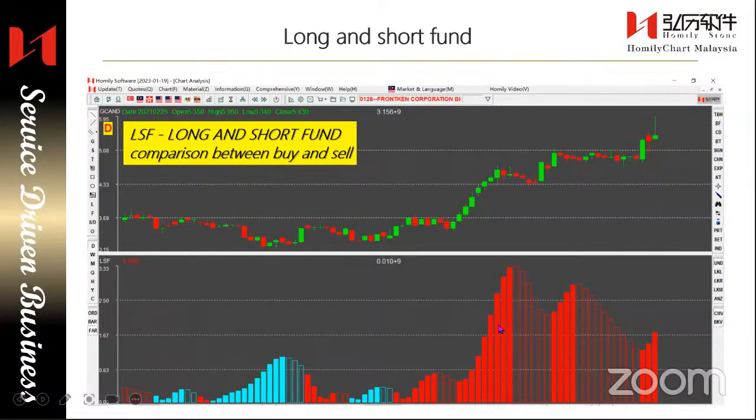So why are some columns solid and some hollow? The solid column means it is increasing. The hollow column means decreasing. So this one means the current market has buying funds stronger than selling funds, and the buying funds are getting stronger.